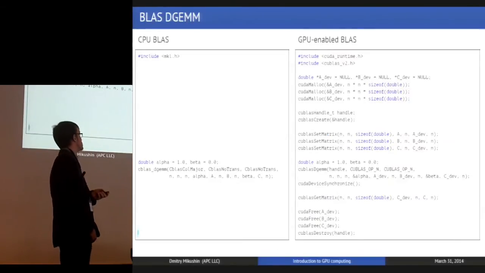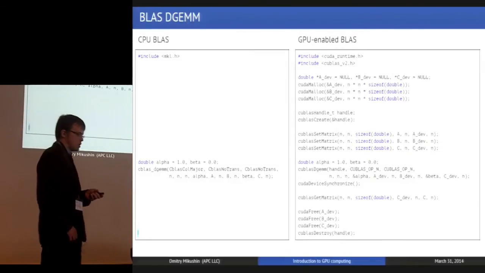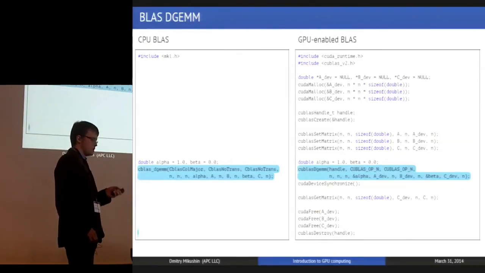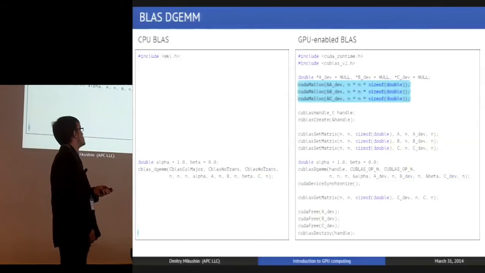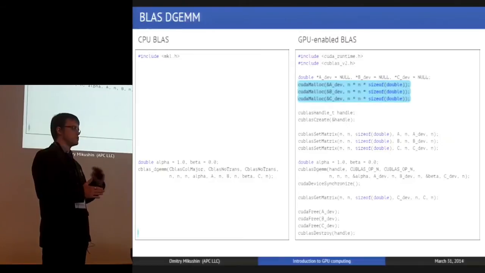So how does it happen? In the case of CPU BLAS, we issue just one command. We call the BLAS function. It is the same for GPUs using the cuBLAS library, except that we also need to provide the data transfer mechanism.